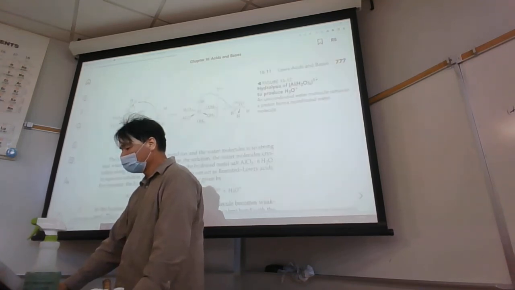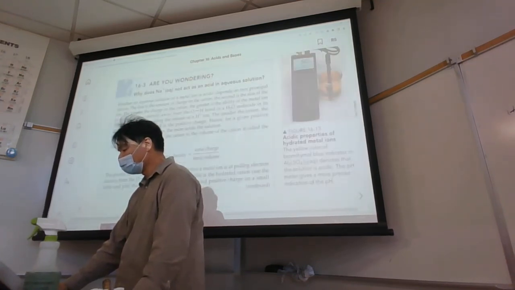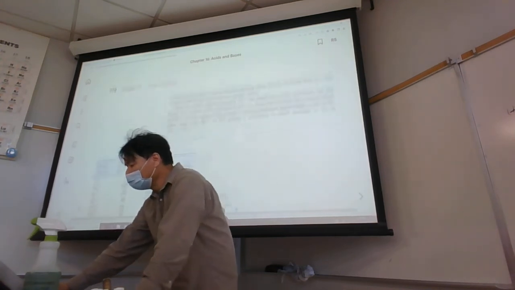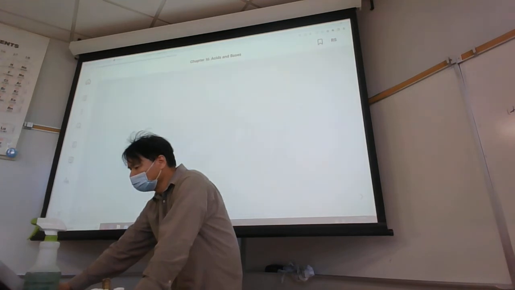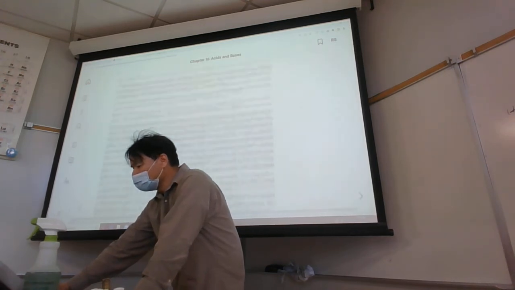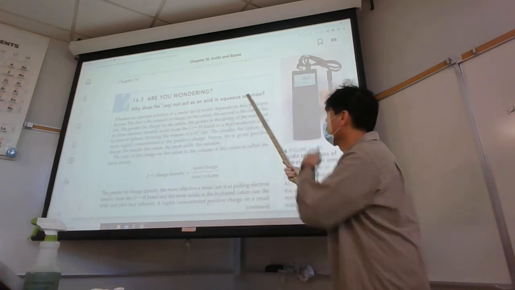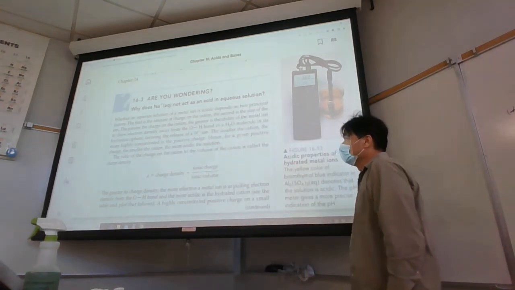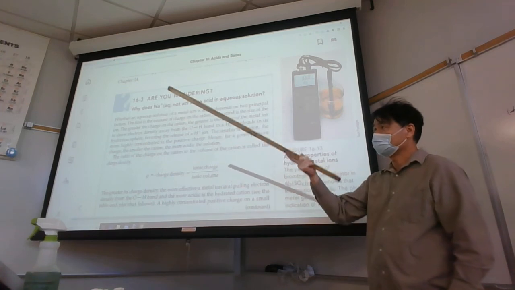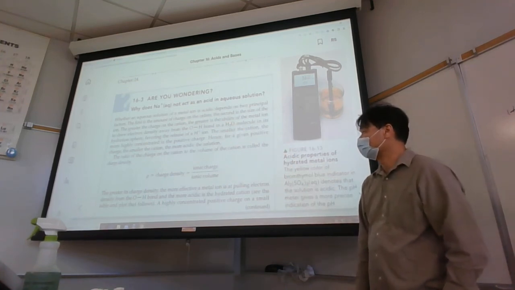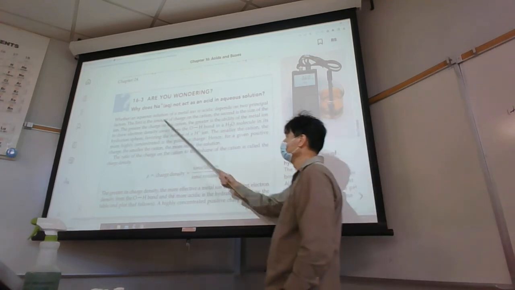Let's take a look at some other Lewis acids, the metal cations. We go to this section here, which asks why sodium ion does not act as an acid and make a solution acidic. Aluminum does act as an acid, and you can see the Al3+ is acidic in water, but sodium ion is neutral.